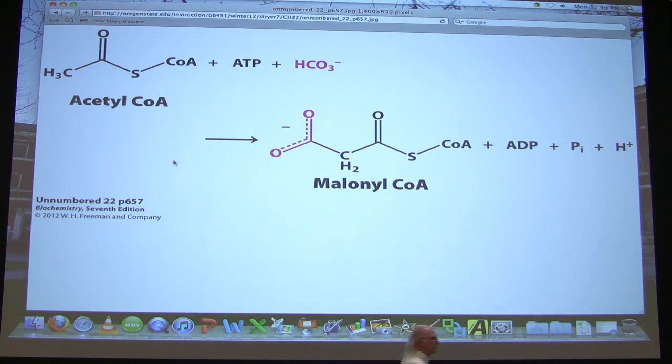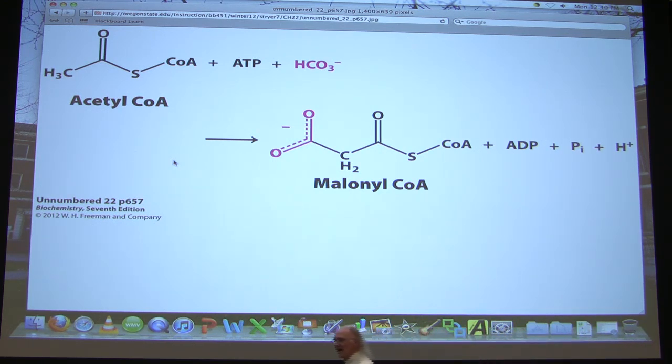So the cell is going to do something odd again in the synthesis of fatty acids. It's kind of like the odd thing you saw with the odd number of carbons. This is going to involve an odd number of carbons in the synthesis process. Here's acetyl-CoA. Acetyl-CoA gets converted to a 3-carbon molecule known as malonyl-CoA by an enzyme whose name you absolutely need to know, and you're going to need to know something about how it works.